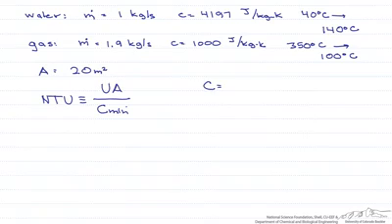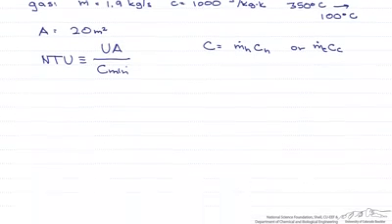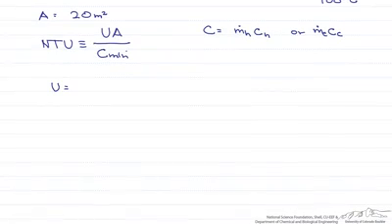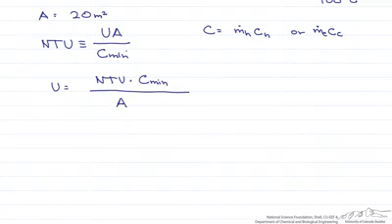And our C, which is known as the heat capacity rate, can either be the mass flow rate of the hot fluid times its heat capacity, or the mass flow rate of the cold fluid times its heat capacity. You calculate those heat capacity rates, and C min is the smaller of the two. Our U is going to equal NTU times C min divided by the area.